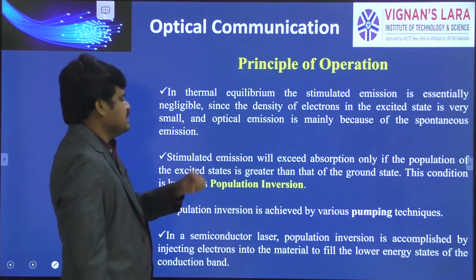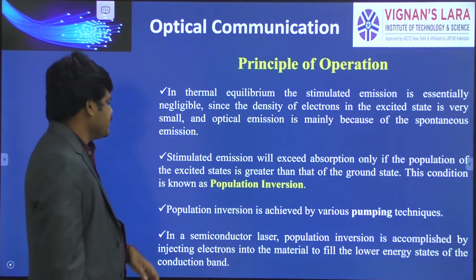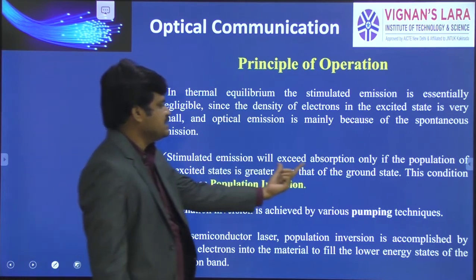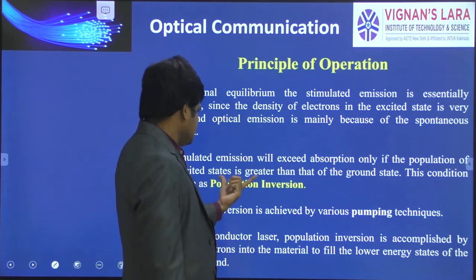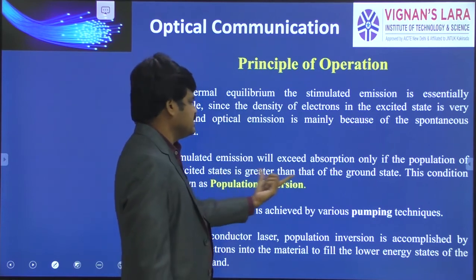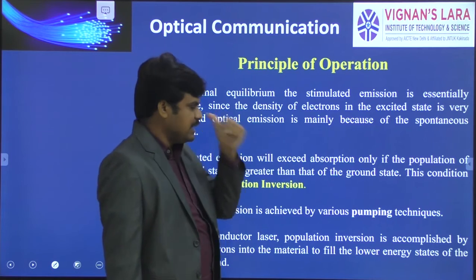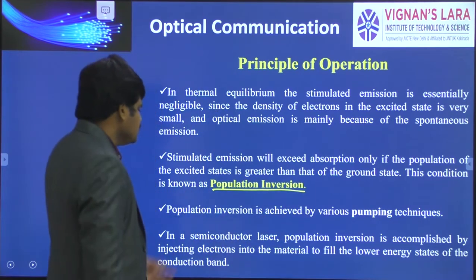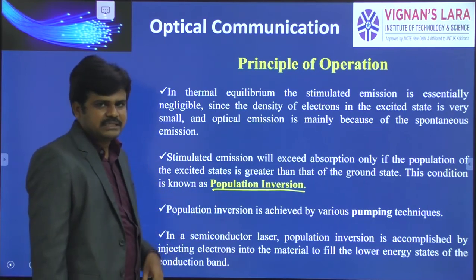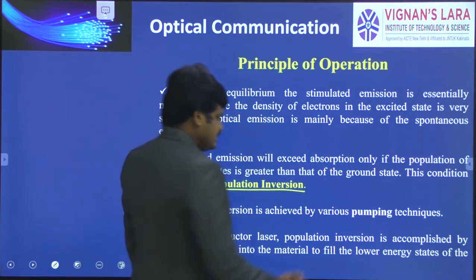Here are some important points. Stimulated emission will exceed absorption only if the population of the excited state is greater than that of the ground state, and this condition is called population inversion. In order to obtain population inversion, there are certain techniques.